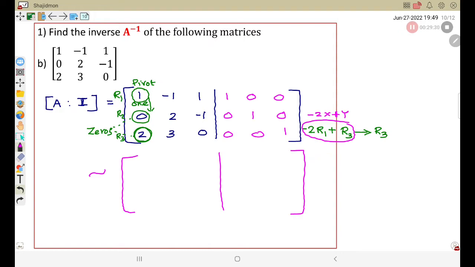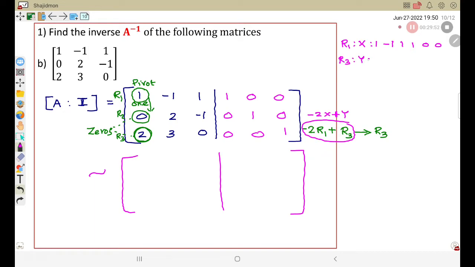You remember this procedure from before. x means the first row. What is the first row here? 1, minus 1, 1, then 1, 0, 0, the full row. Then y means the third row.